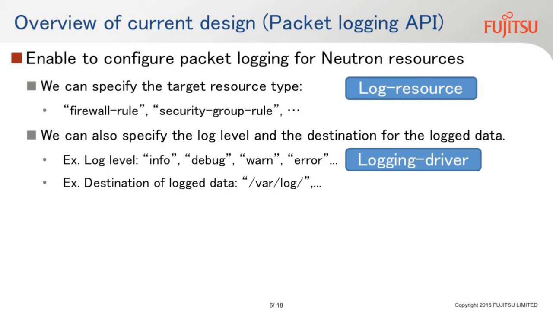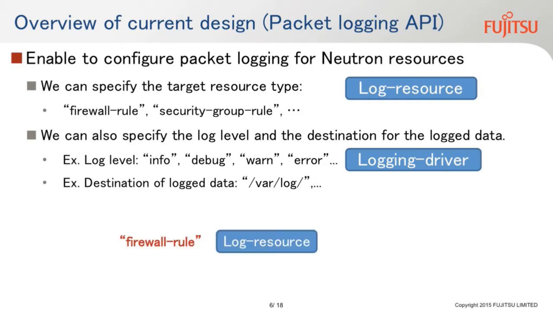In the current design for the packet logging API, we support enabling configuration of logging for Neutron resources, in which we can specify the target resource type, I mean the log resource. In this case, we can specify any kind of Neutron resource, for example, firewall rule or security group rule.